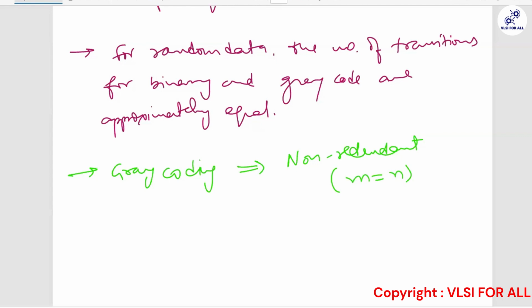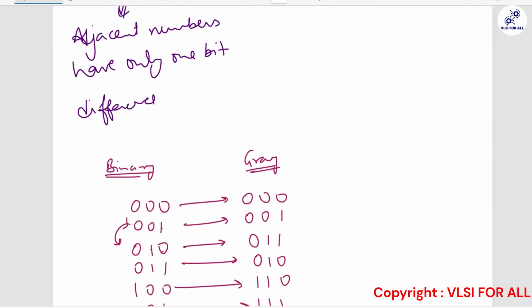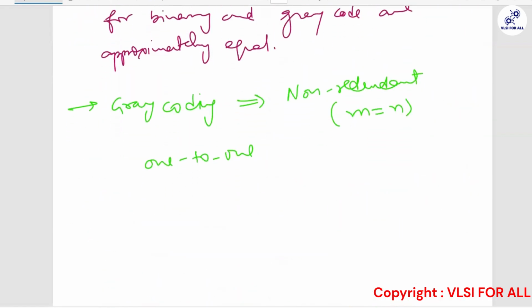The number of bits in binary and gray are both equal, and these are 1 to 1. It means this one is mapped to this, this is mapped to this, and similarly for the others. So this is 1 to 1. It means it's a memory-less, 1 to 1 coding technique.